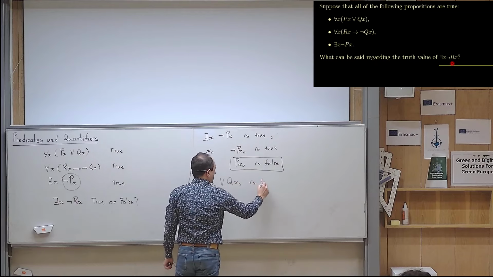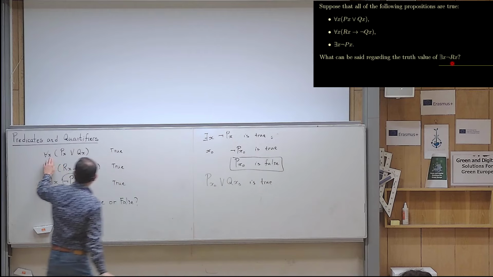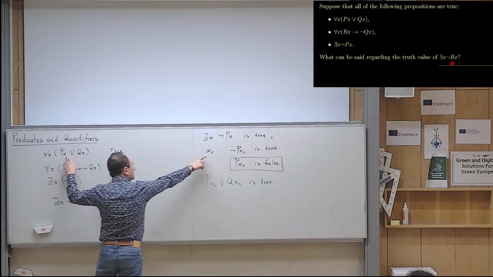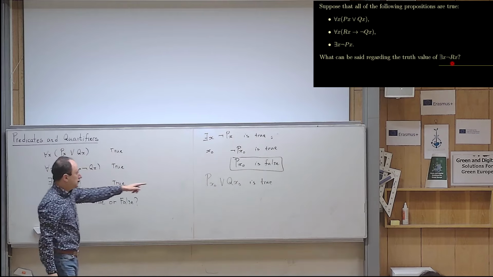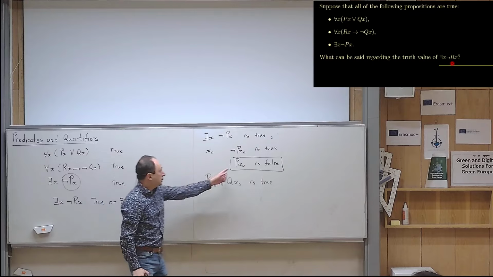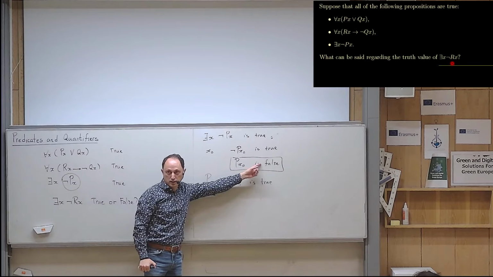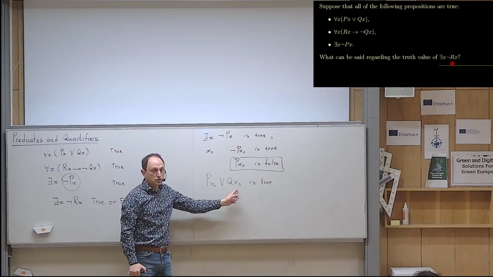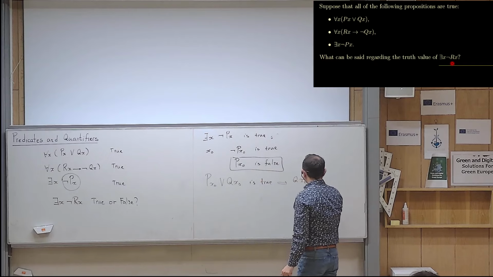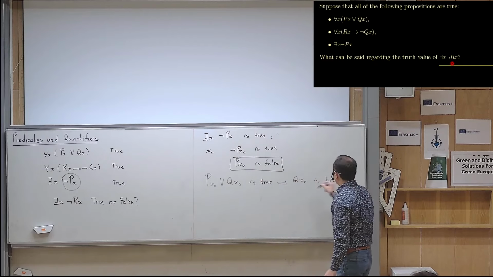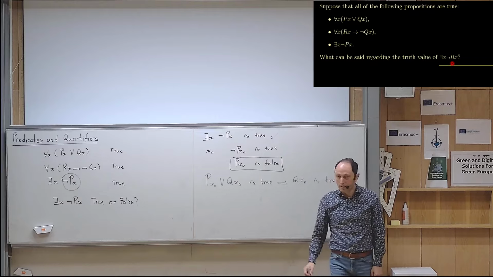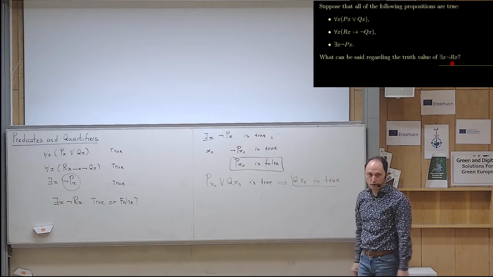Yes, because this tells you that for any element from the universe of discourse, this should be true, including that particular element x naught. So I know that P of x naught or Q of x naught is true. But on the other hand, I know that P of x naught is false, and the disjunction is true. So what can I conclude from here? That Q of x naught is true, because if Q of x naught were also false, false or false is false. Yes? So this is the conclusion that I have so far.